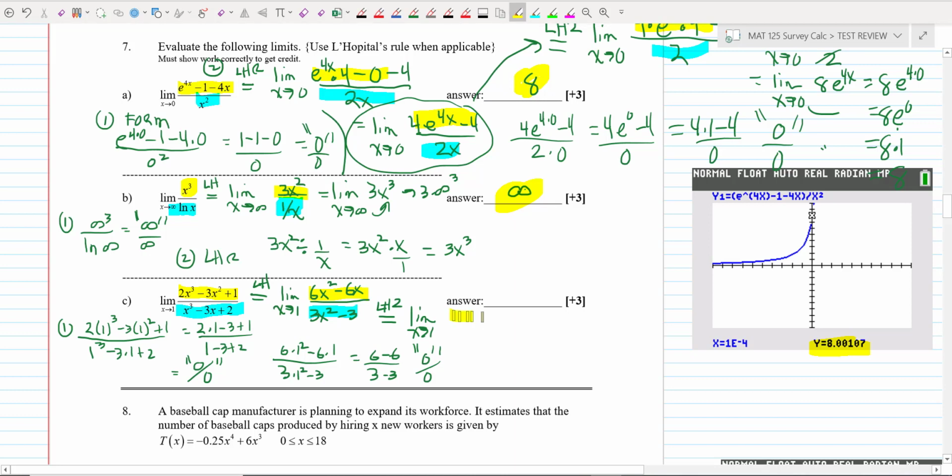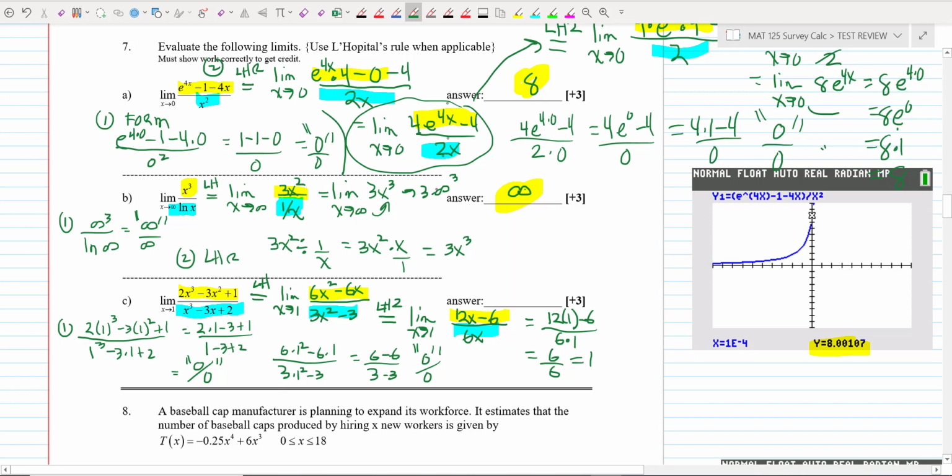And again, we're going to do the derivative of the numerator, which is 12x minus 6. We'll do the derivative of the denominator, which is just 6x, like that. Okay, and then we can try again and see what happens. So now if we plug in, we're going to have 12 times 1 minus 6 over 6 times 1. So we end up getting 6 over 6. So we end up getting 1.